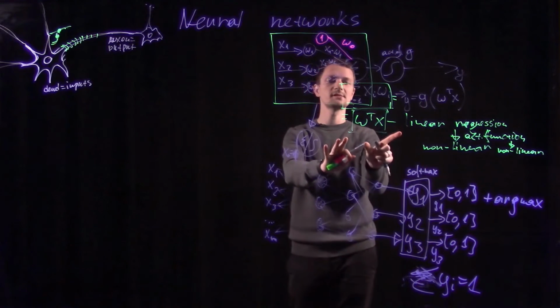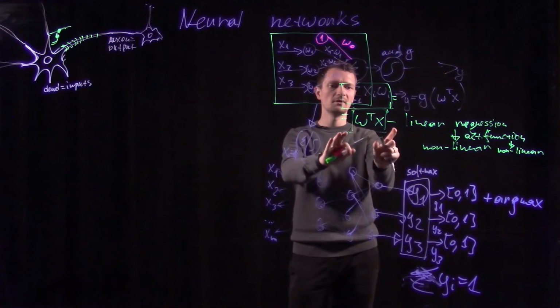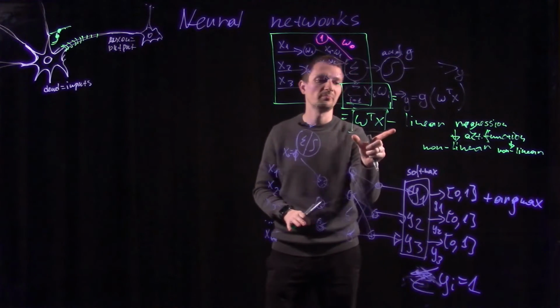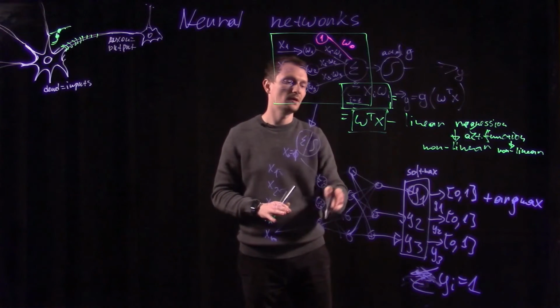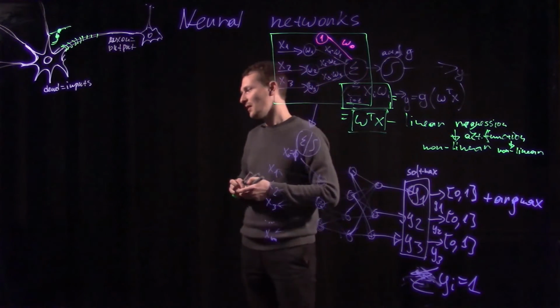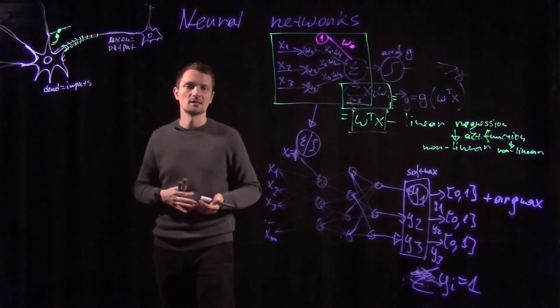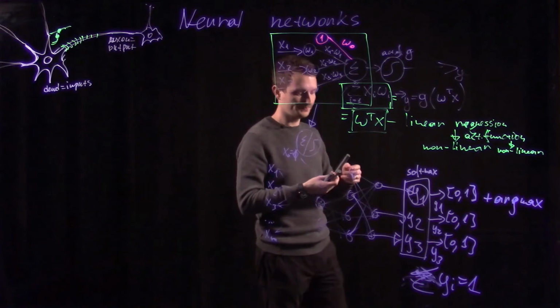And now you have these neurons, and basically for every neuron in every layer, you need to apply this transformation, this equation, and then you can build very deep models that we will be talking about as we talk about deep learning.